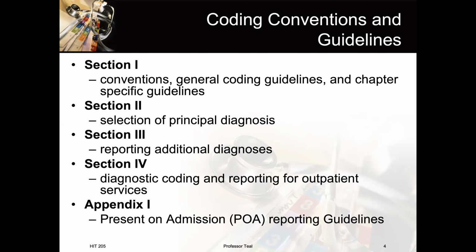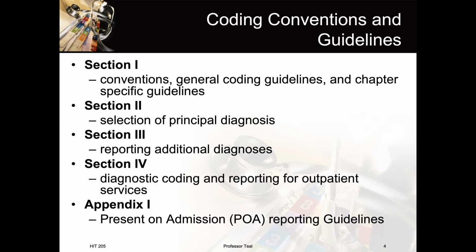The four organizations that make up the cooperating parties for ICD-10-CM are the American Hospital Association, AHA, the American Health Information Management Association, AHIMA, CMS, the Centers for Medicare and Medicaid Services, and again, the National Center for Health Statistics, NCHS. So again, four organizations make up the cooperating parties that are responsible for developing the coding conventions and guidelines.